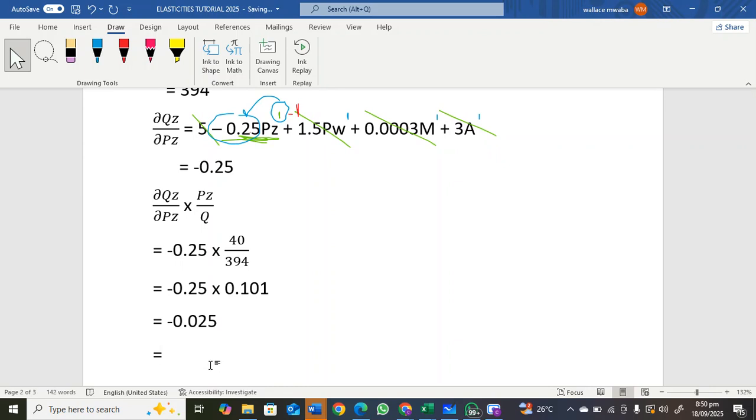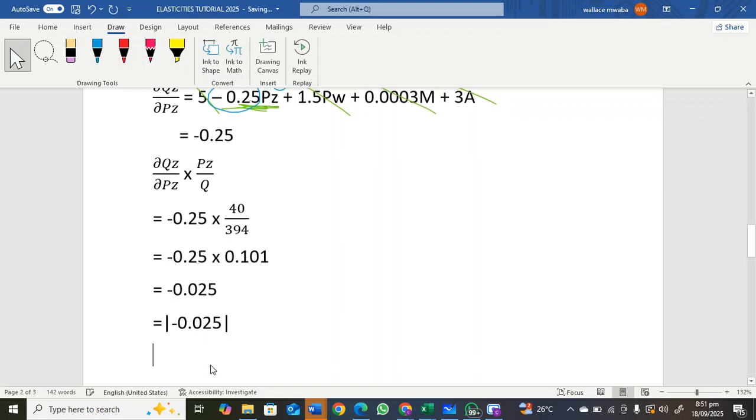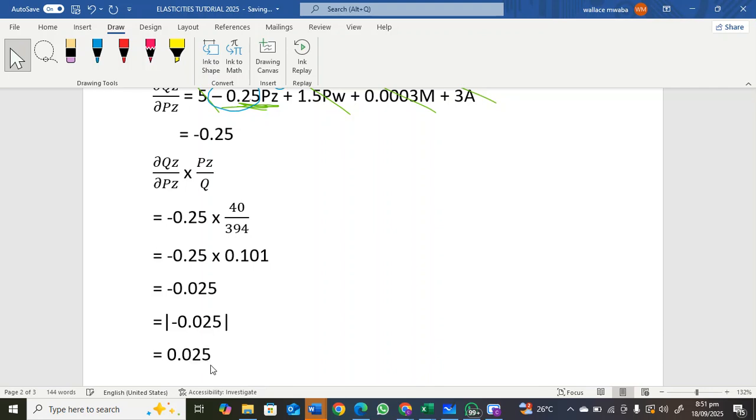Then we get the absolute value so that we can interpret: is it less than 1 or greater than 1?